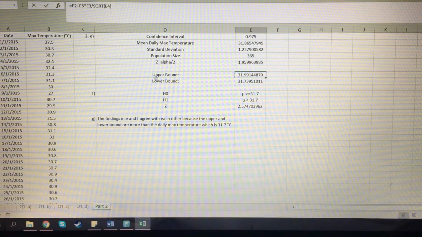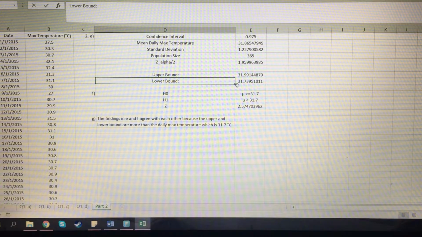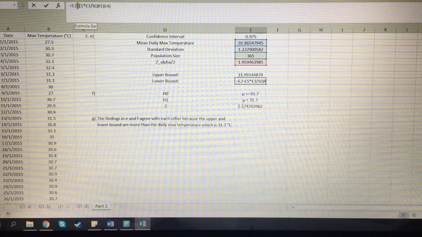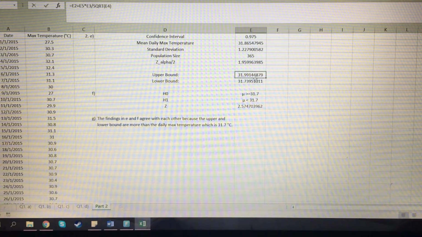So this is how I got my upper bound. For lower bound, it is the same thing. It's just that we have to minus instead of plus.